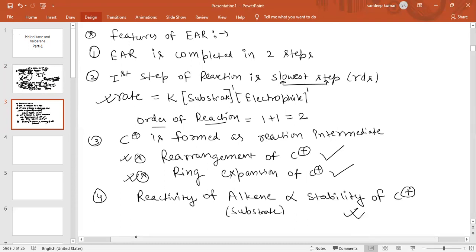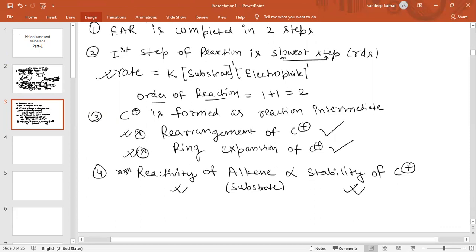A more stable carbocation means a more reactive alkene. Note this point with a star mark, and see the next point, point number five.